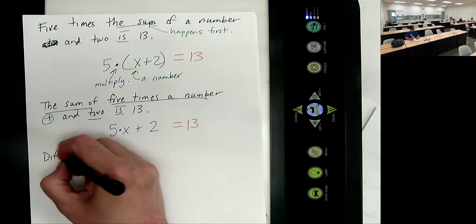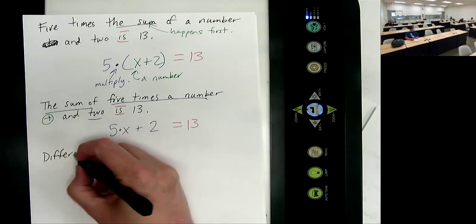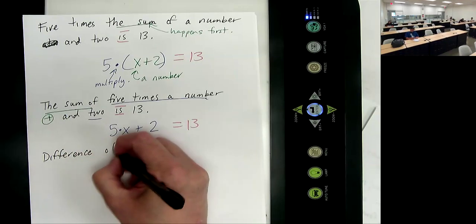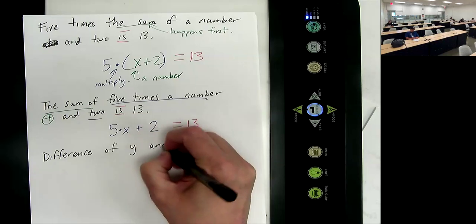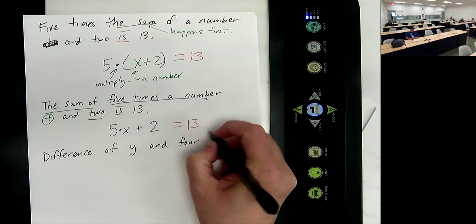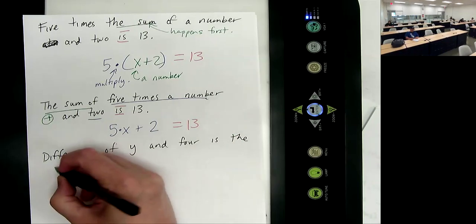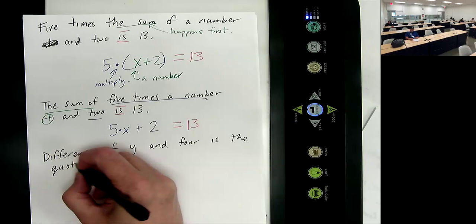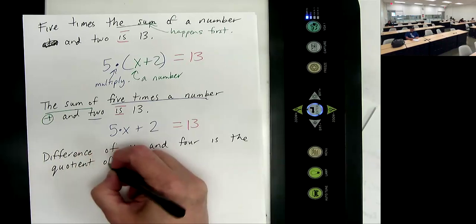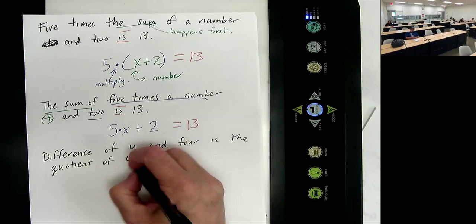Difference of y and 4 is the quotient of y and 2.